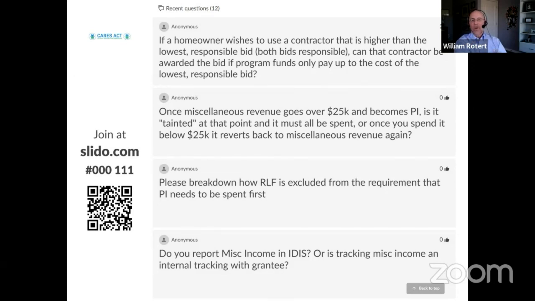I would go one extra step to show a little due diligence here and find out why it is that homeowner prefers that other contractor. Is it because they've had an experience with that contractor and they know them and they feel comfortable with them and they've done good work? I would be a little bit careful if that other contractor is the brother-in-law of the homeowner. So I think you have to kind of dig a little bit deeper in this regard.